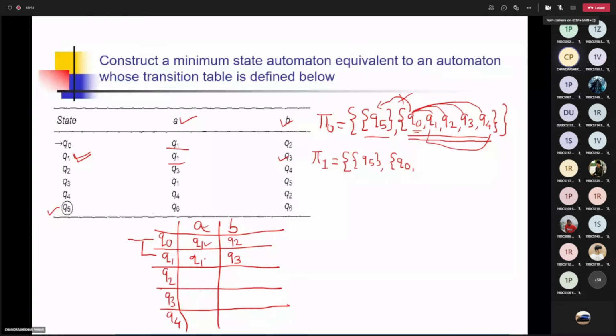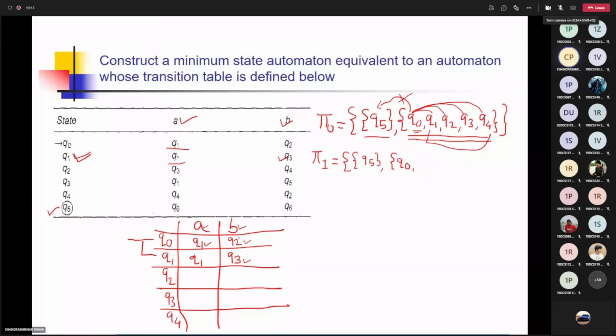So it is only one state and it is in the set of non-final states. Next we will check Q0 with input B. Q0 with input B is on Q2, and Q1 with input B is on Q3.